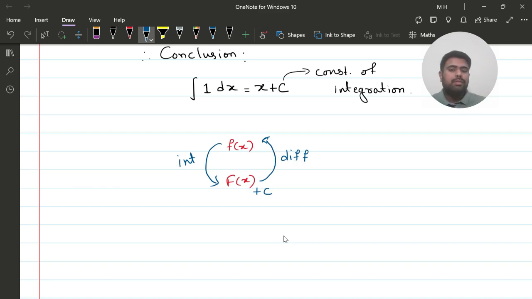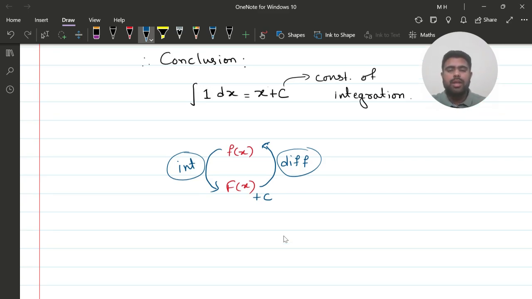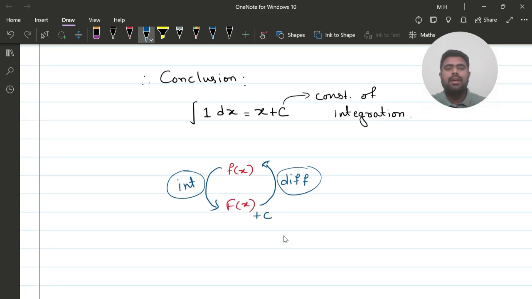So we can say that differentiation and integration are both inverse processes of each other. So what is integration? Integration is the inverse process of differentiation.